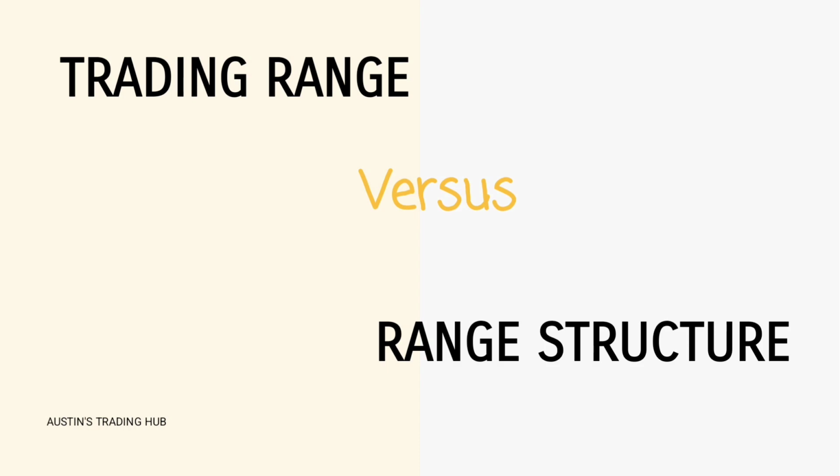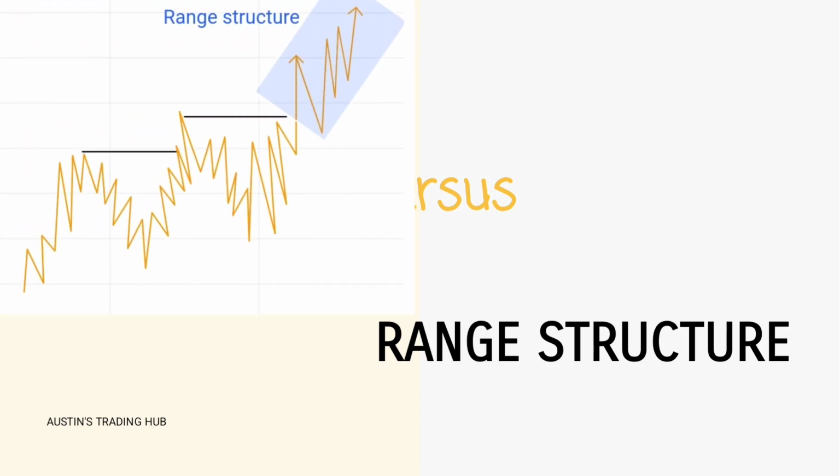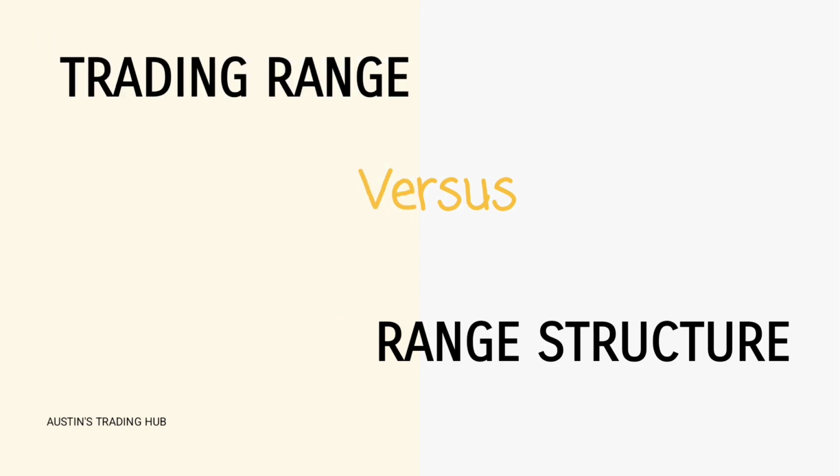We said that range structure is a part of the impulsive wave, either bullish trend or bearish trend, that occurs after the break of market structure. So we said that whenever a higher high or a lower low is taken, we have a break of structure. So anything that occurs after that break of structure is what we refer to as range structure.